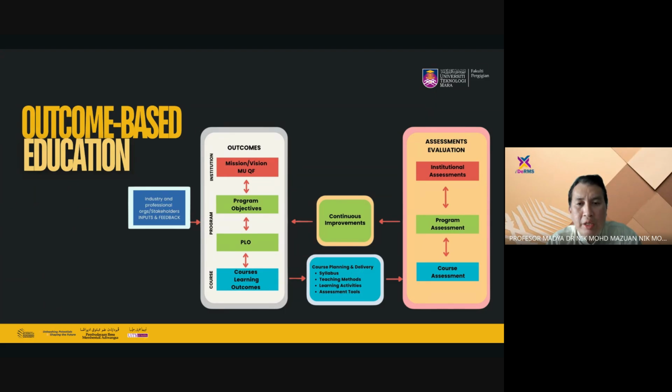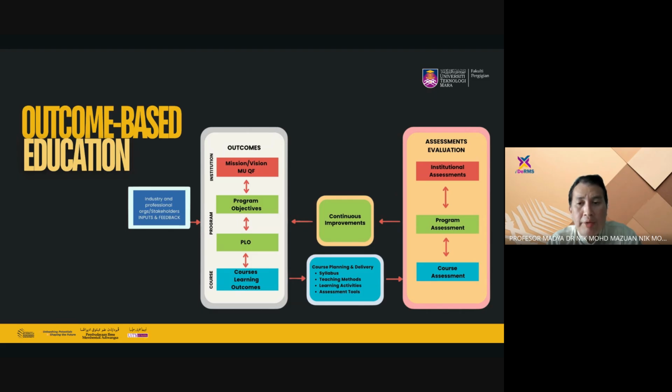If you notice, we are actually using a top-down approach. What is the outcome? Then we work from there all the way down. Only then do we have course planning and delivery. Then we work on the syllabus, the teaching methods, the activities, and definitely the assessment.